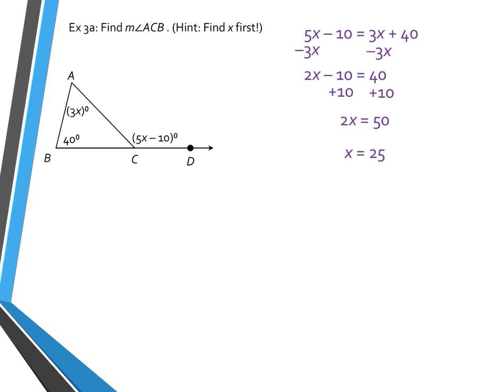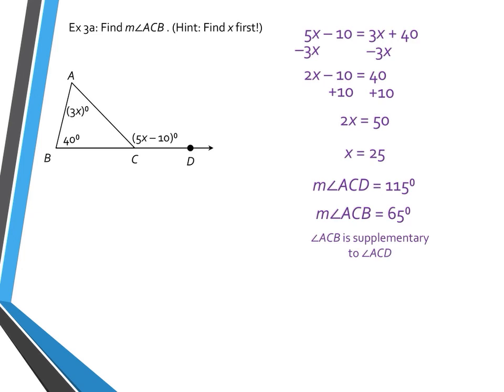So now we substitute x equals 25 into our expression where we see 5x minus 10. And 25 times 5 will be 125, and then 125 minus 10 is 115. So the measure of angle ACD is equal to 115 degrees.